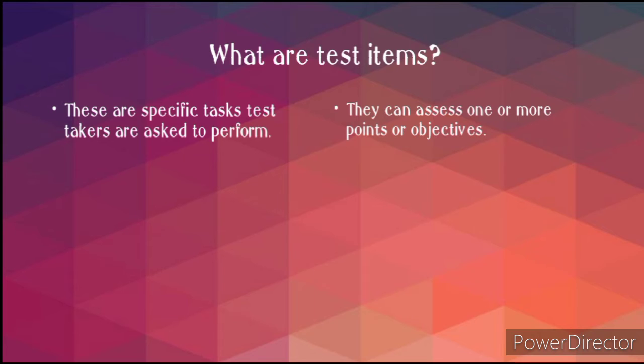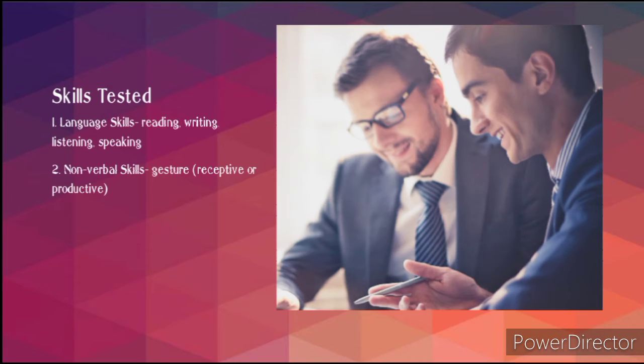Now, there are skills tested in a test item or a questionnaire. First is the language skills, which involve reading, writing, listening, and speaking. Second is the non-verbal skills, which involve gestures. Gestures can be receptive or productive.